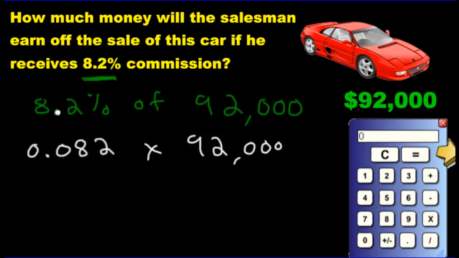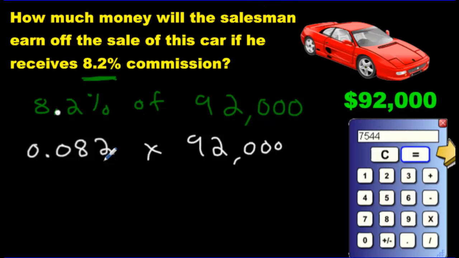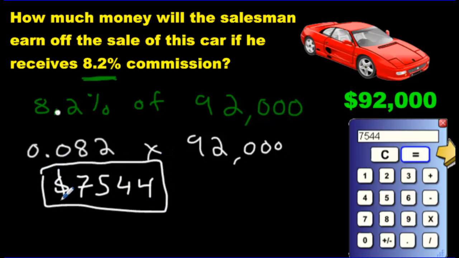And that's going to be a pretty good paycheck. I'm going to punch it in, times 92,000, equals, that is great, $7,544. That's his take-home salary for one day.